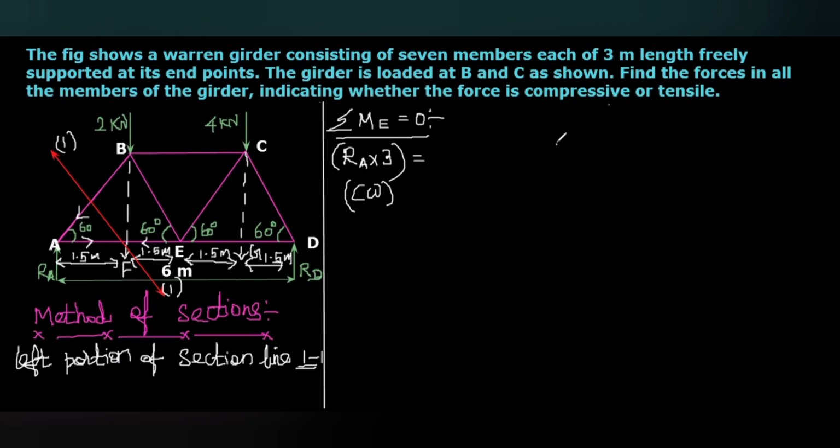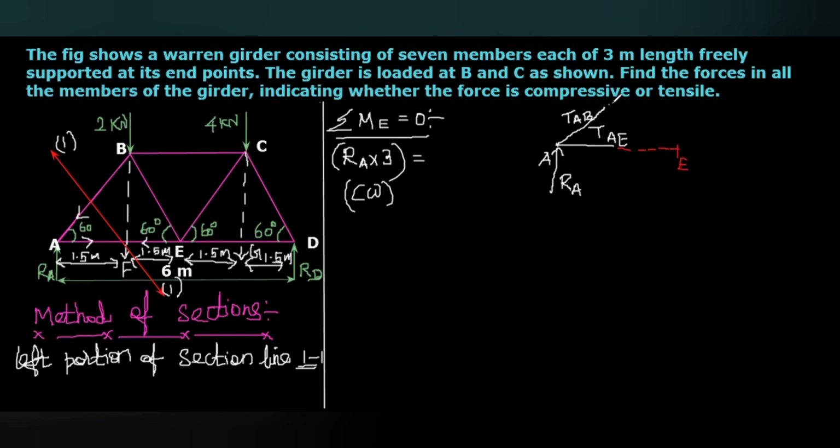This is point A. Here the upward reaction force RA is acting. This one is tension in the member AE. This one is the inclined force, tension in the member AB. Here, I am going to consider the moment about the point E.